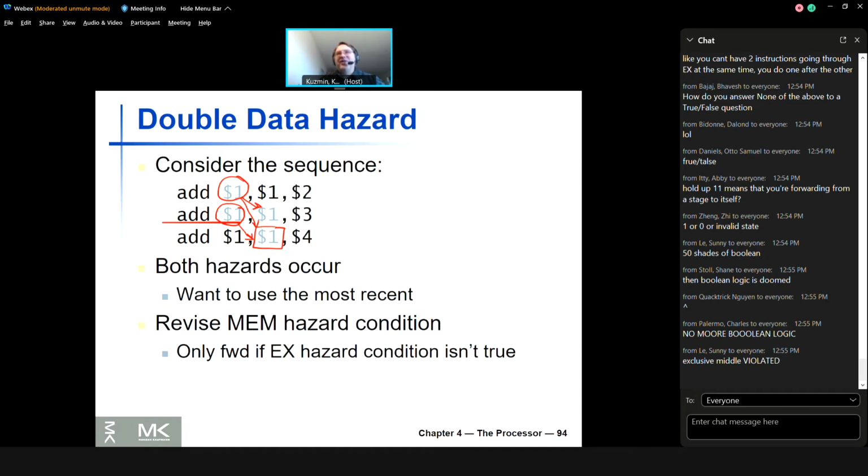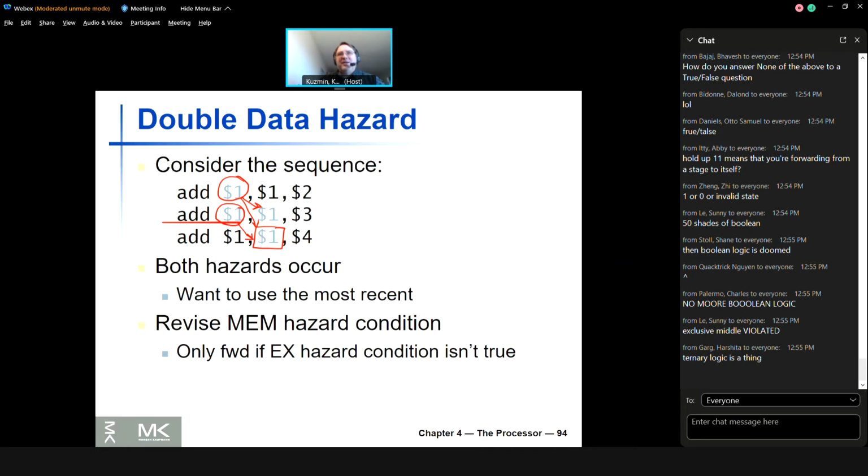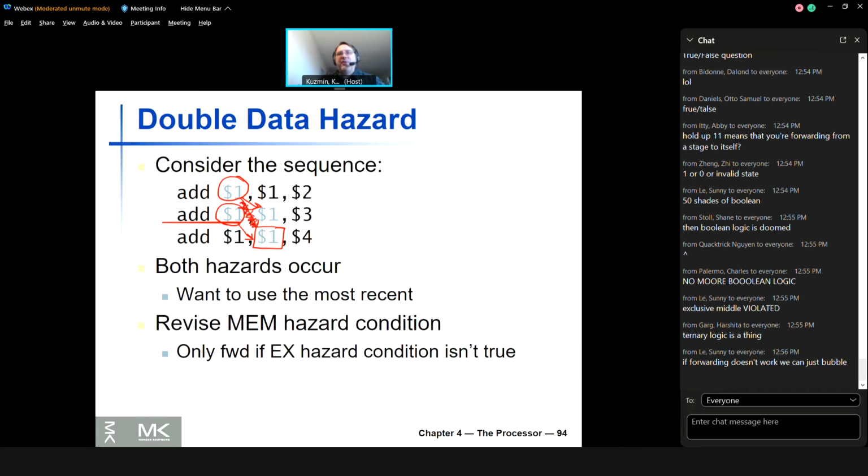We obviously see from the semantics of the program that this one is wrong. This should not happen. We should forward the result that the second instruction writes, not the result that the first instruction writes.